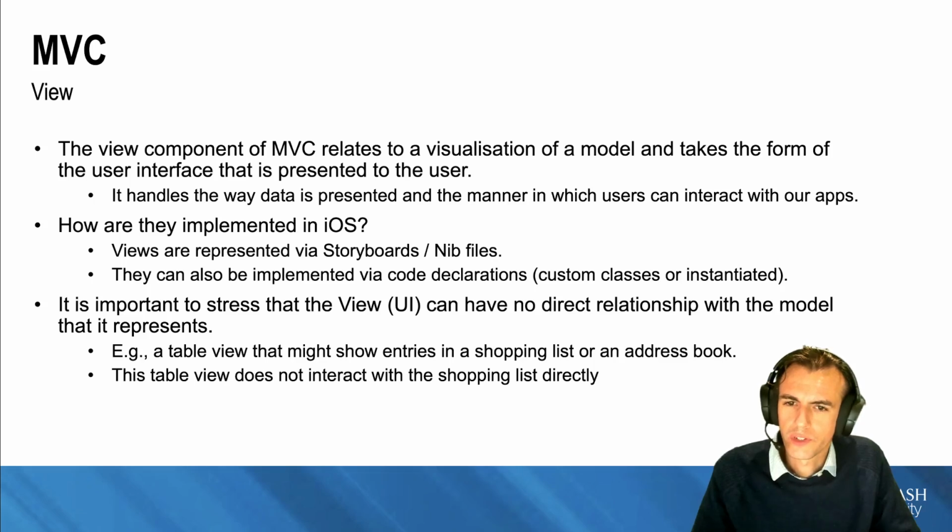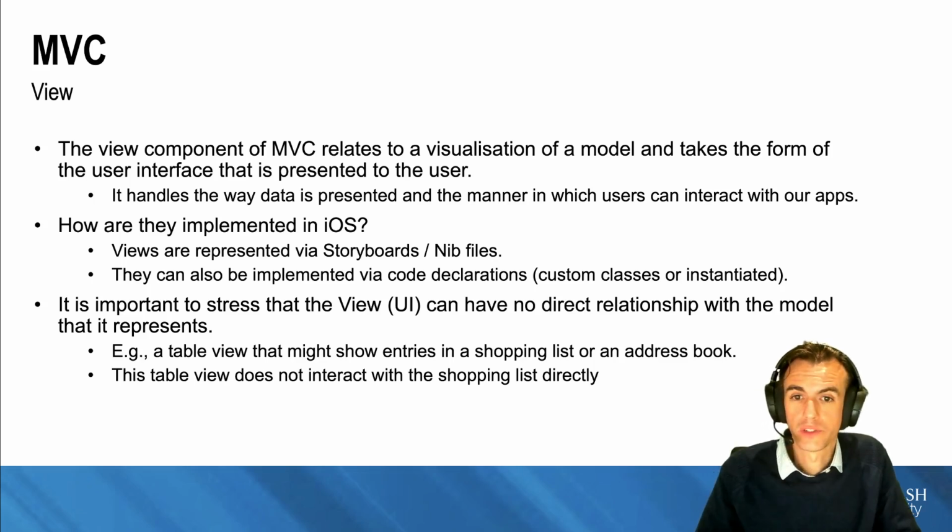It's also important to stress here that a view can have no direct relationship with the model that it represents. A simple example of this is a table view, something we'll cover in detail next week. And a table view is a generic representation of a list. It has cells, rows in the table view that represent data items, and they have a label, they might have an icon, they might have a button that represents some action that can be performed on them.